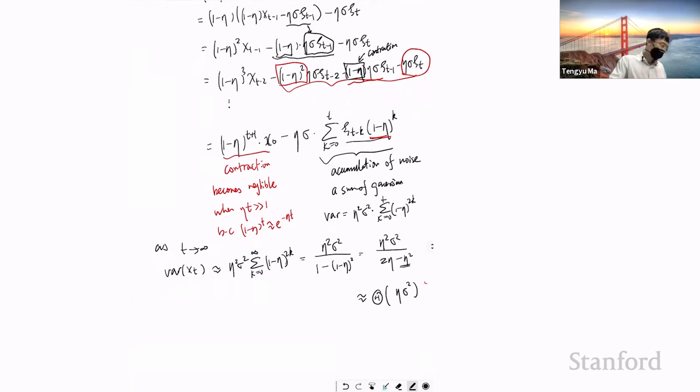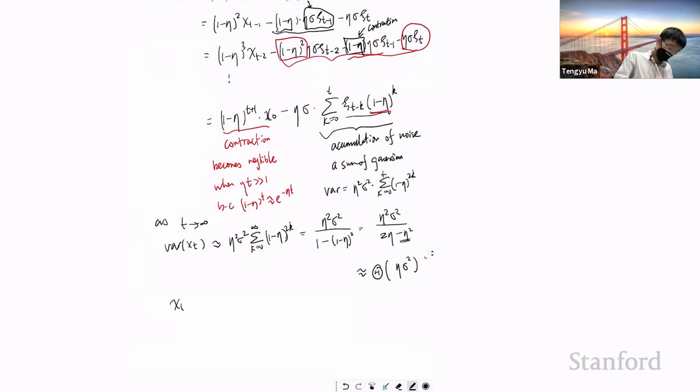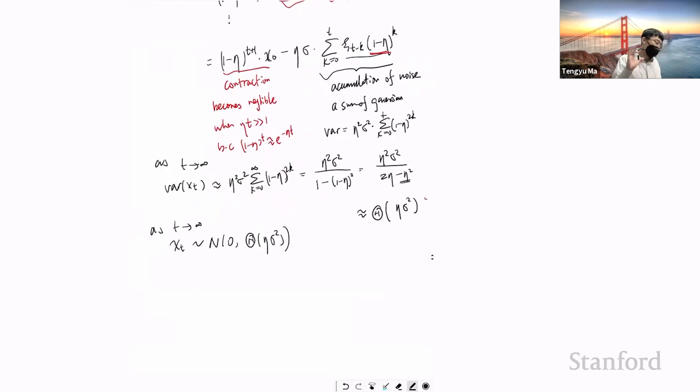In other words, xt eventually, as t goes to infinity, has a Gaussian distribution with mean 0 and variance on the order of ησ². So far we haven't really talked about implicit bias yet, but we already got some intuition about what's happening here in the convex case.